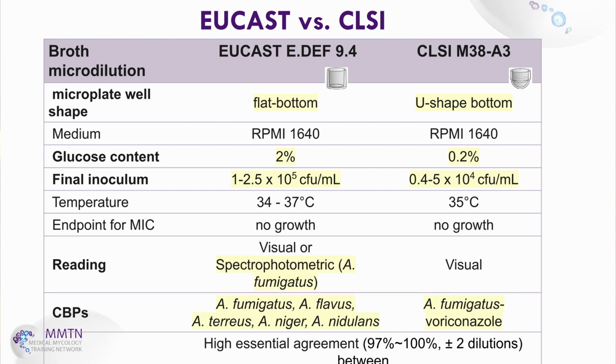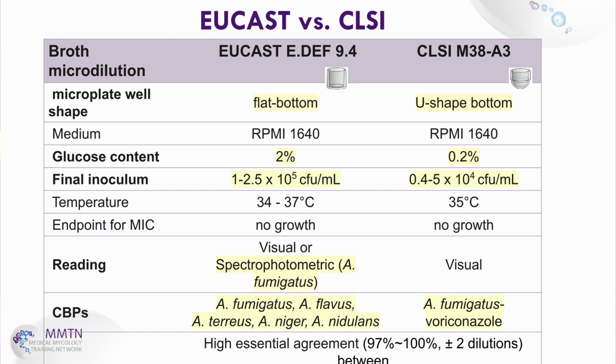And finally, EUCAST has the advantage of providing clinical breakpoints for 5 major Aspergillus species. For CLSI, currently only 1 breakpoint is available, and that is for fumigatus.